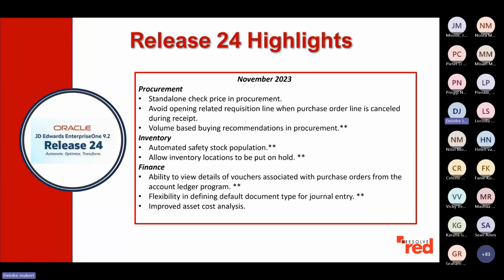All right. So, release 24 highlights, November 2023, on the procurement side. They introduced functionality for standalone check price in procurement. That is for the guys that use advanced pricing in procurement.